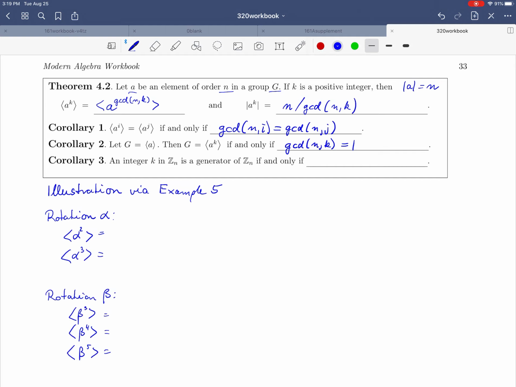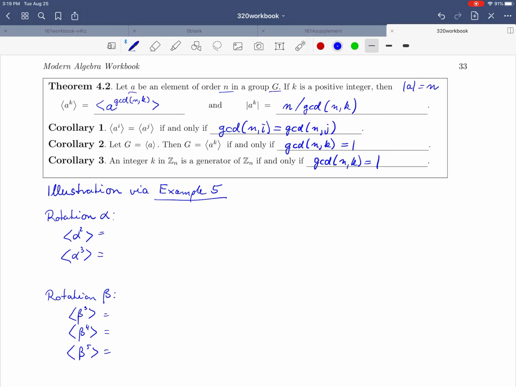And then lastly, the special case when we're looking at Zn: an integer k in Zn is a generator of Zn if and only if the GCD of n with k is equal to 1.